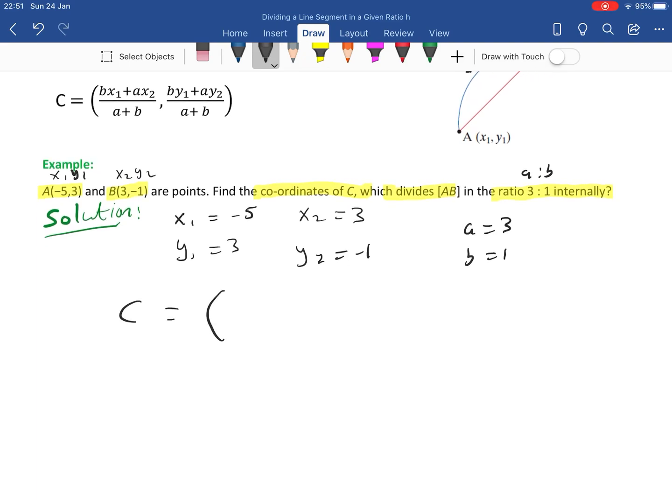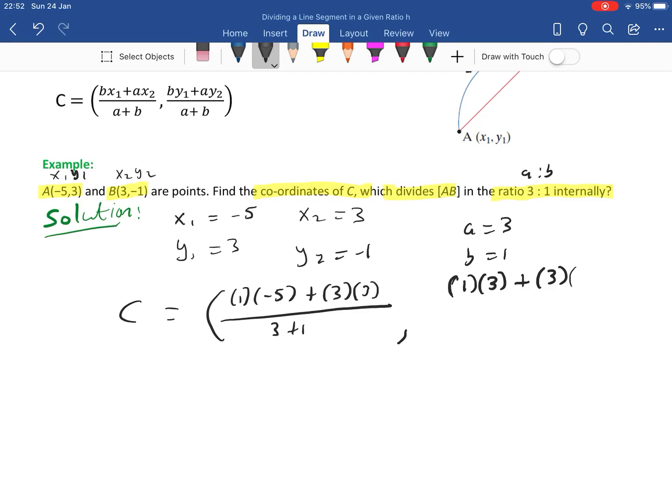Then we're going to fill it into the formula. So B there is 1 multiplied by x1, which is minus 5, plus A, which is 3, multiplied by x2, which is 3, over A plus B, which is 3 plus 1, comma, then B, which is 1, multiplied by y1, which is 3, plus A, which is 3, by y2, which is minus 1, over 3 plus 1 again.